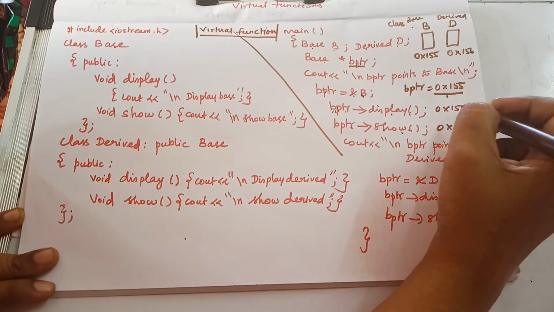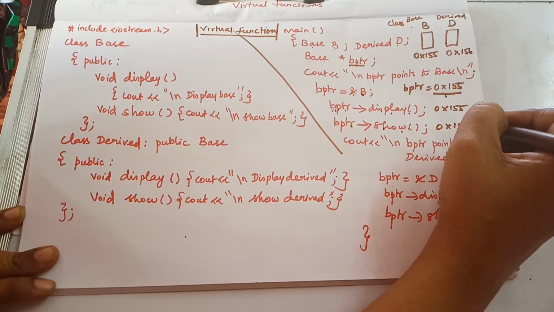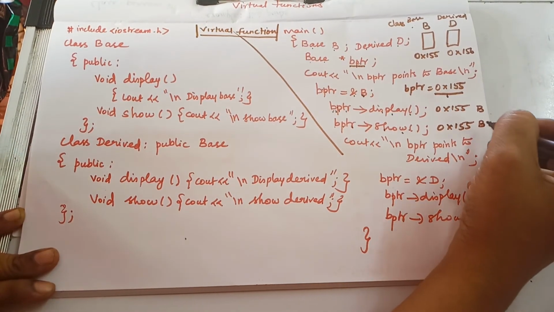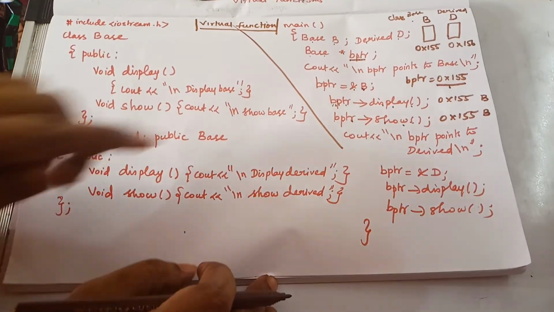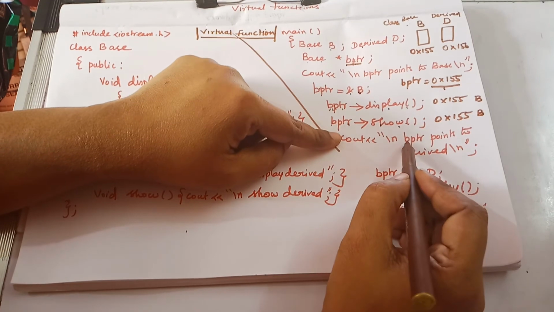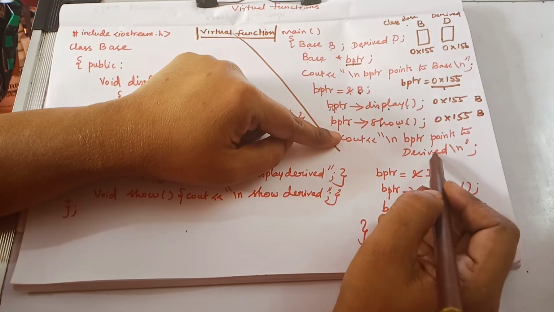So what is the content of this address? The B object. Clear? What is the data type? Base.